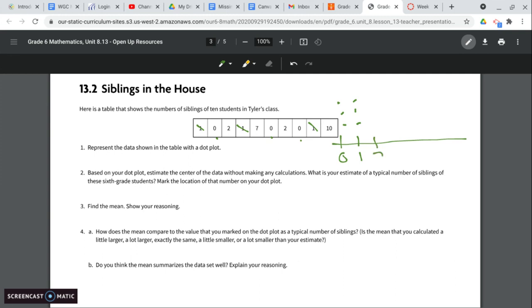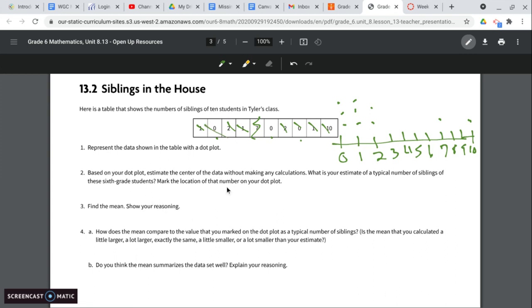For 2, we have 2. Then we have 3, none; 4, none; 5, none; 6, none; 7, we have 1; 8, there's none; 9, there's none; 10, there is 1. So we have all our values there.